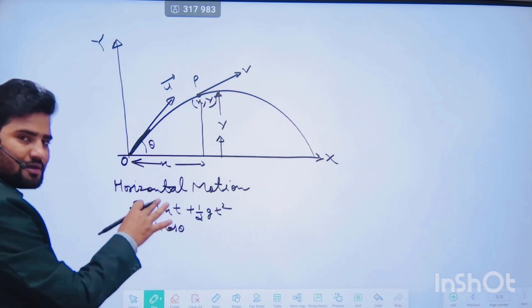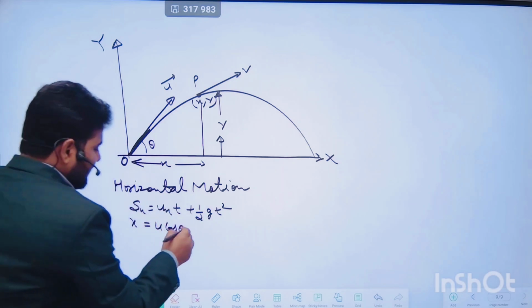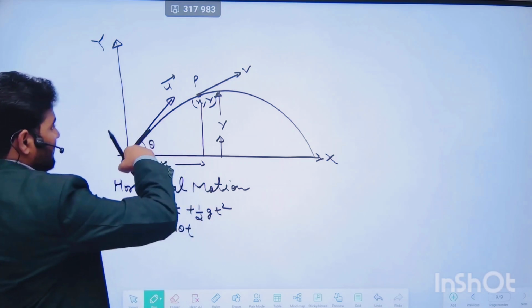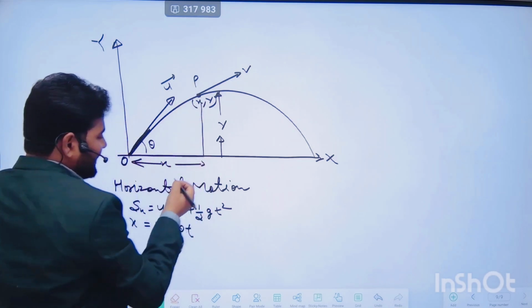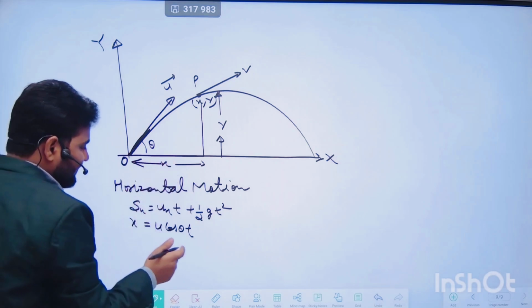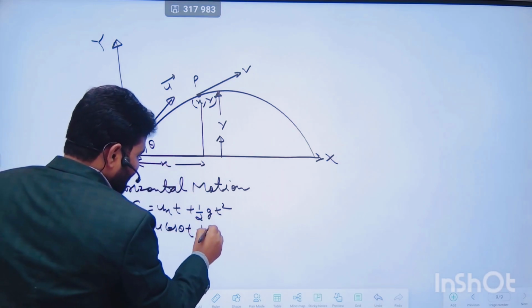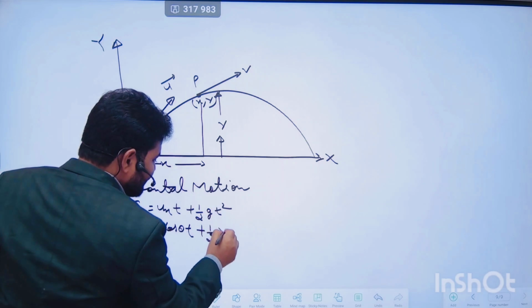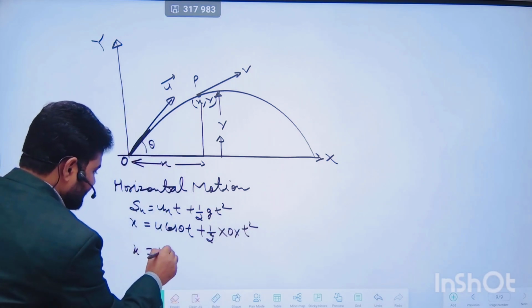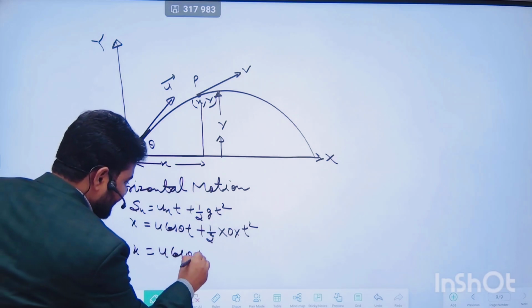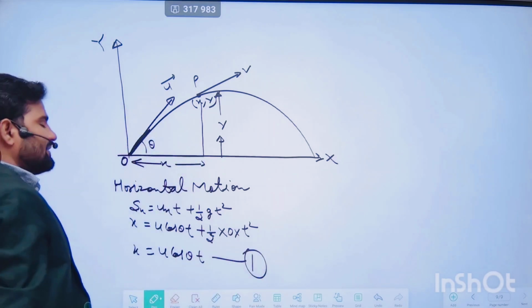It remains always constant. Here the time to reach from O to P is t, in which it travels a horizontal distance of x. From here one by two and g in the horizontal direction, already we have discussed, is 0. So x is equal to u cos theta into t. This is our equation number one, let's say.